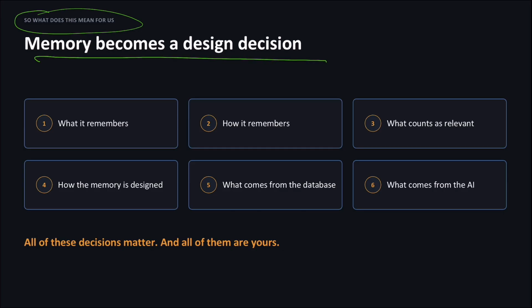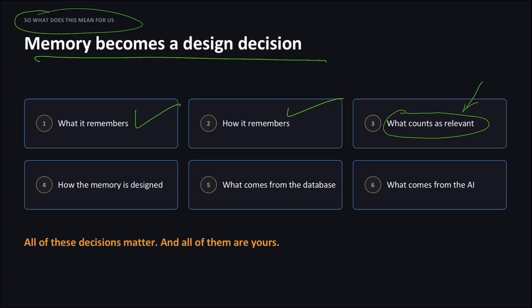When you're designing an enterprise AI, you should always think about what it remembers, how it remembers, and what counts as relevant. As I gave you the ChatGPT example of persistent memory, what is relevant? ChatGPT does not store everything I chat with it, but it did store the enterprise architect fact about me. Why did it do that? That relevance has to be there for you also.